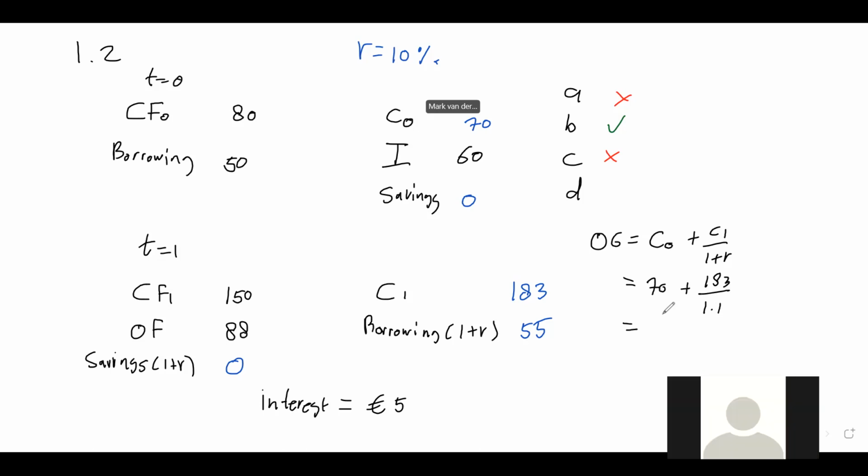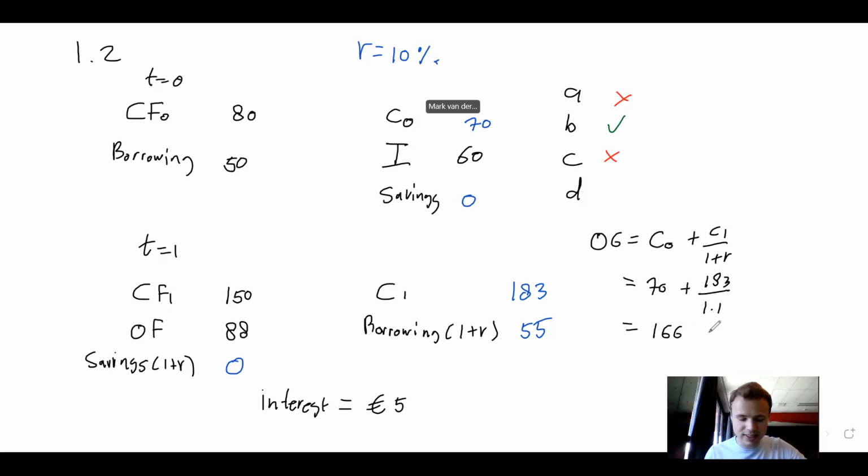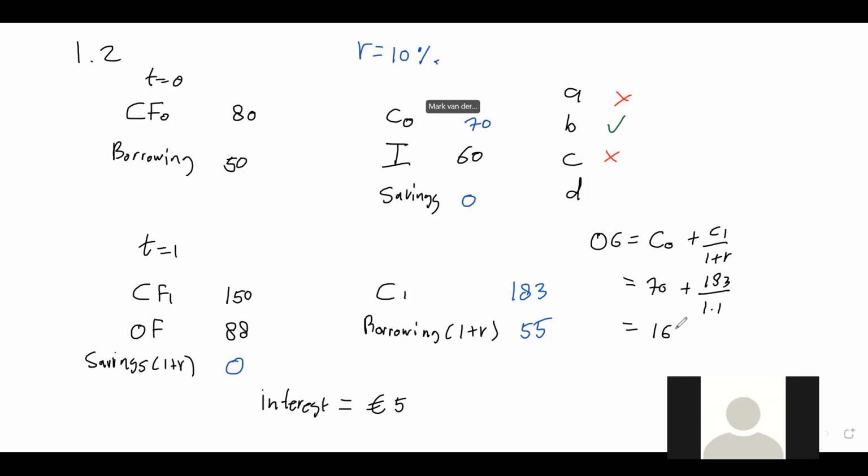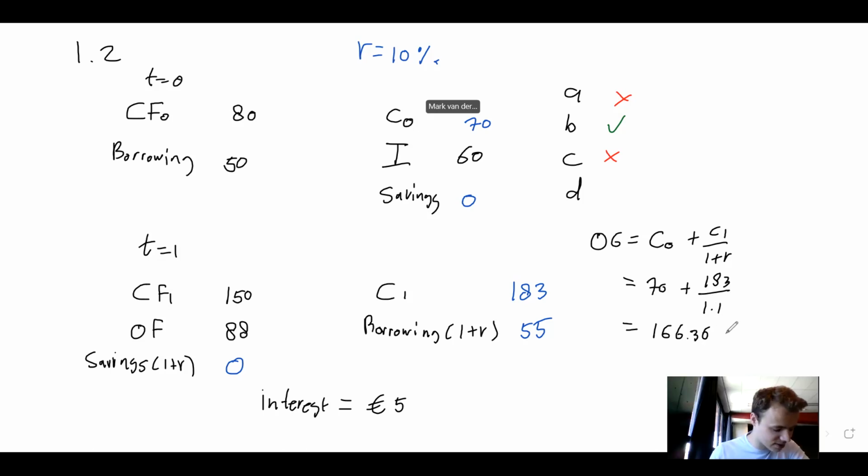Around 166. 166. Could you give me 2 more decimals? 36. 166.36. All right. So then D is also not correct, right? Okay.